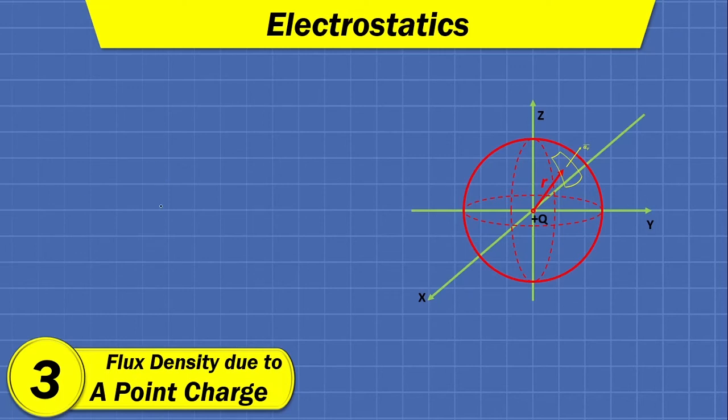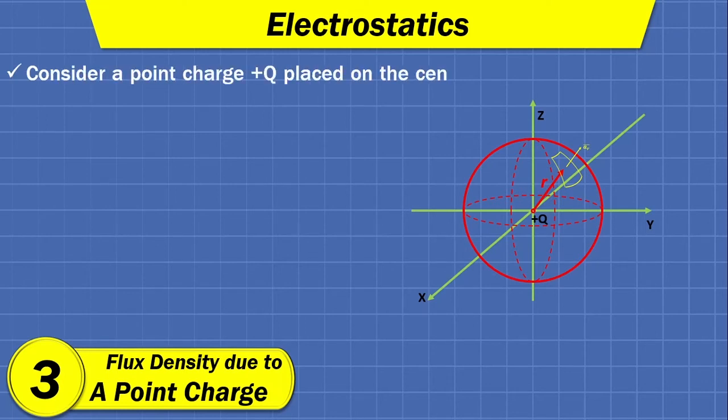We are going to use the spherical coordinate system because we know that the field due to a positive charge will originate in 3 dimensions outwards. So consider a point charge plus q placed at the center of an imaginary sphere of radius r. Here you can see the red sphere with radius r, which is completely imaginary.